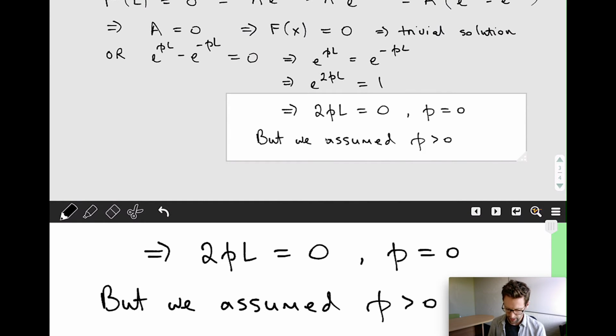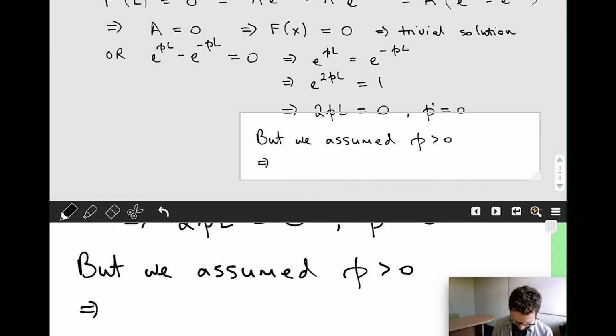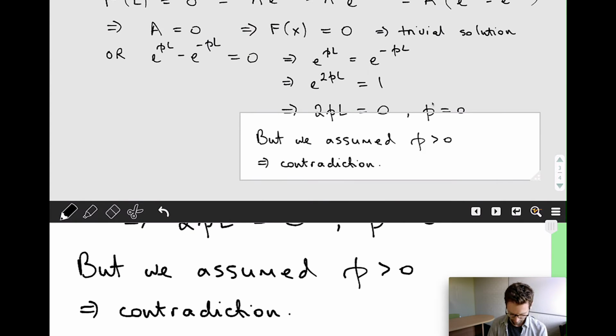In fact, that p was a positive number. We assume that because we're going to consider the possibility of k equal to 0 specifically later on. So we've got a contradiction. So what this shows is that when k is a positive number, there are no non-trivial solutions.